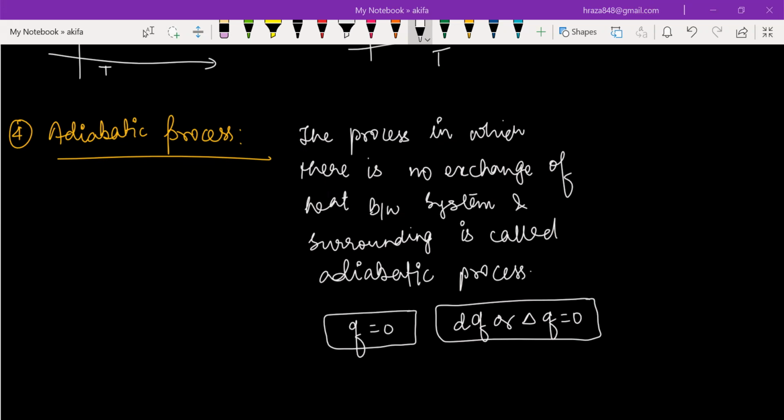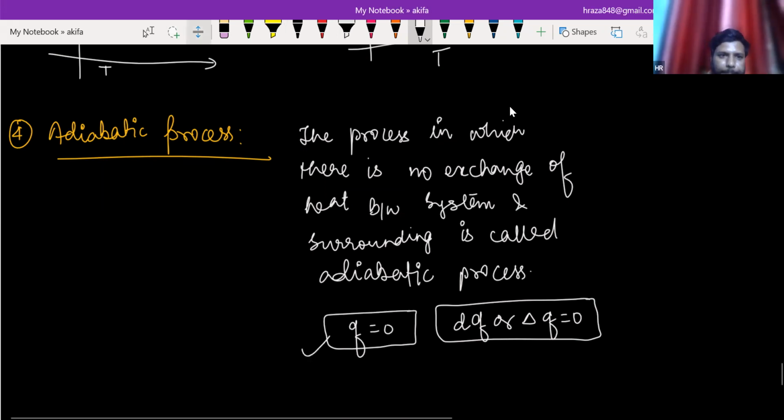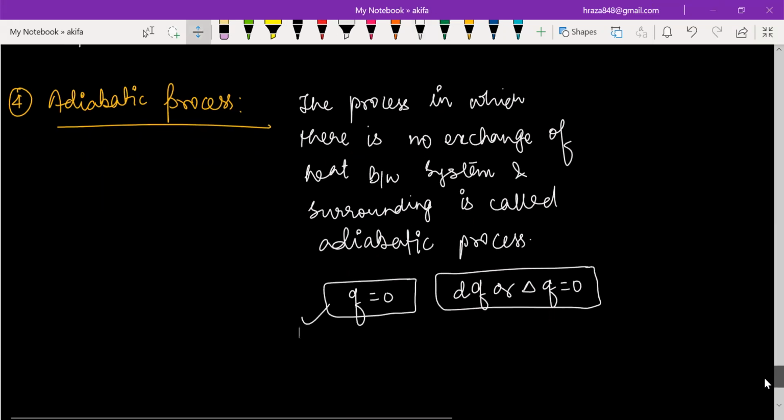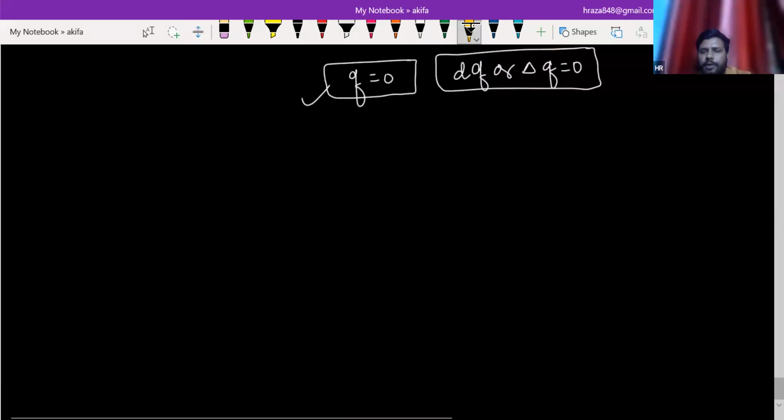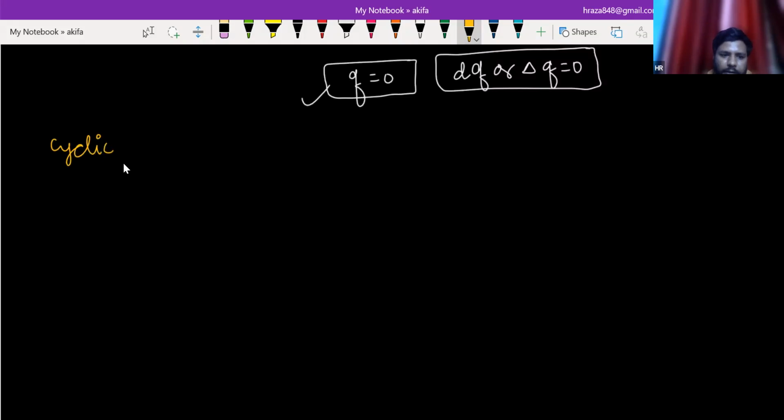Done. Wait, are you done with this? Yes. Very good. So basically this is adiabatic process. Now we will have another process, which is called cyclic process.